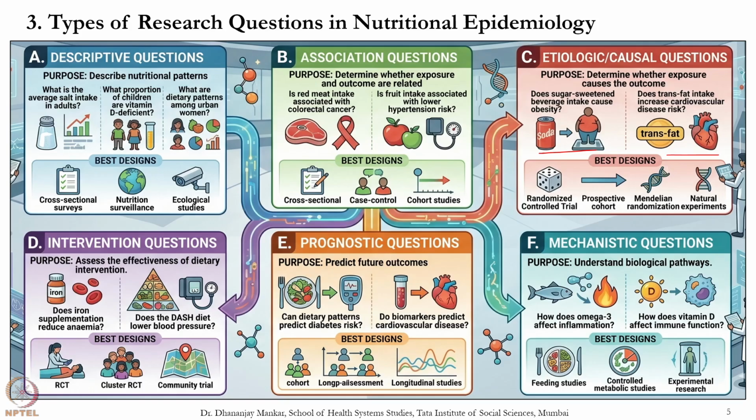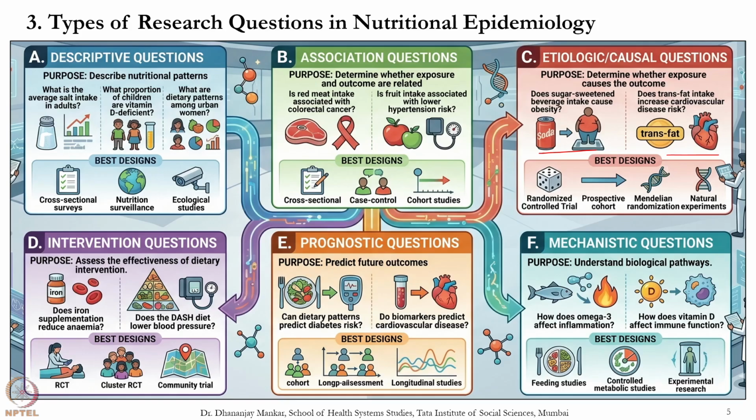Okay. The last one is the mechanistic questions. What is the purpose of putting mechanistic questions? To understand the biological pathways. Okay, the example can be, how does omega-3 affect inflammation? Truly speaking, omega-3 really affects inflammation. How does vitamin D affect immune function? It increases it, no doubt. So mechanistic questions can also be put and can be studied. What is the best way to study, as in design? Feeding studies. If you are feeding omega-3, you can study the effect on inflammation.